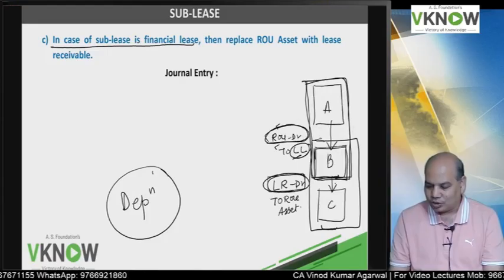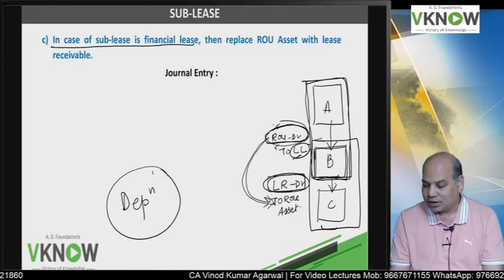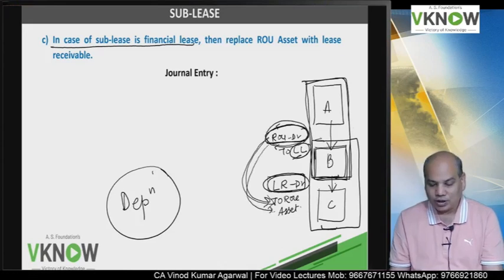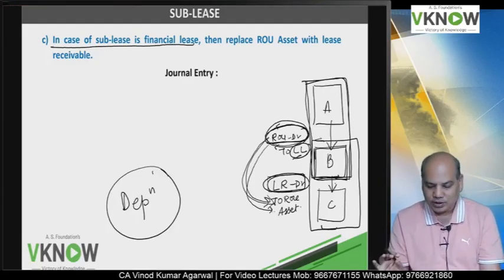Most of you said no. Why no? Because that asset is derecognized. Asset doesn't exist. Very good answer. When the asset doesn't exist, you will not provide depreciation on that. So if you understand conceptually, you won't make mistakes.